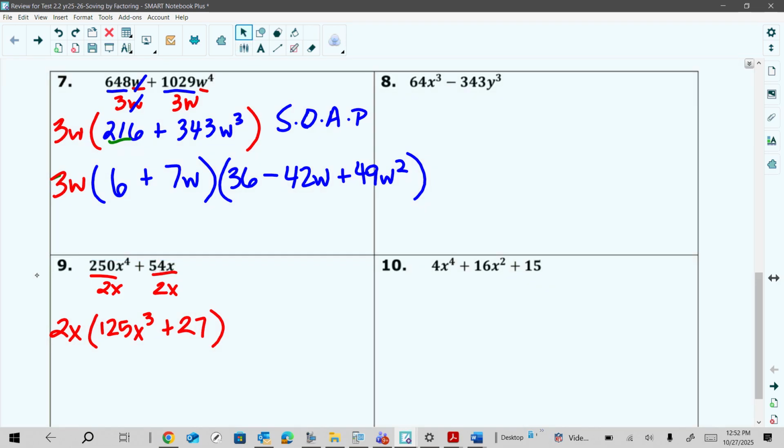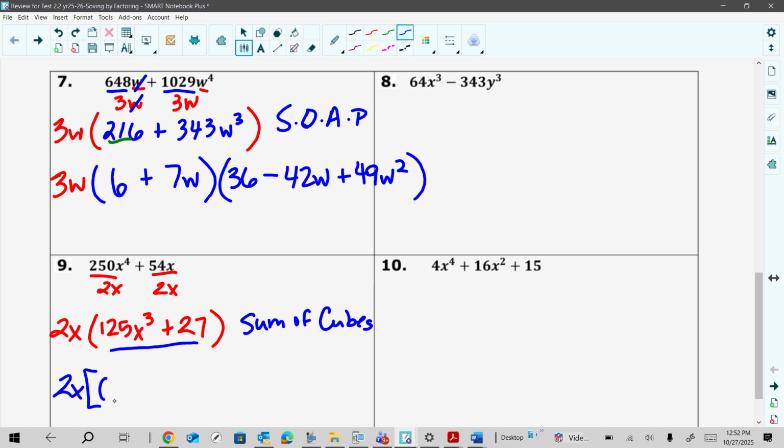And then when I look at my parentheses here, this is a sum of cubes again. So we're just going to take the cube root of those two terms, keep the 2x outside. So this is going to be 5x plus 3, then 25x squared minus 15x plus 9.